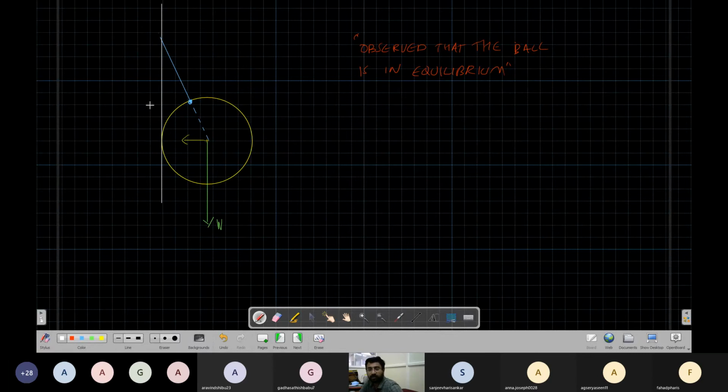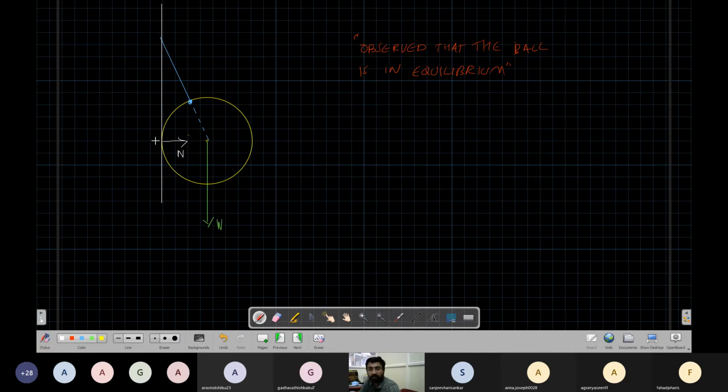So basically what is happening? There is a contact force. There is a force which the wall acts on the ball, the wall's force on the ball, the contact force. For every action there is an equal and opposite reaction.